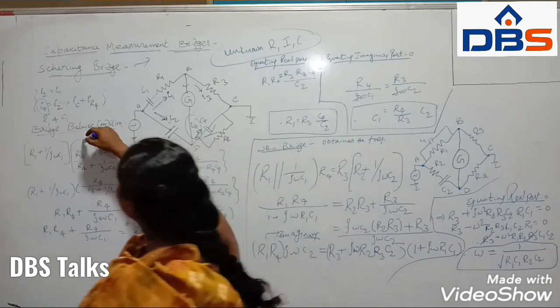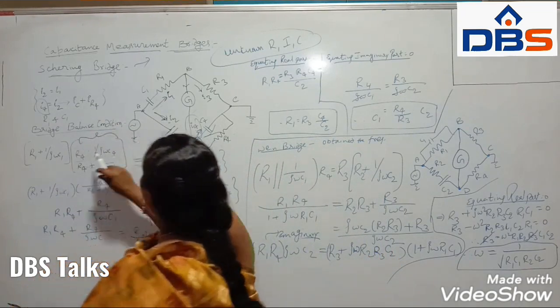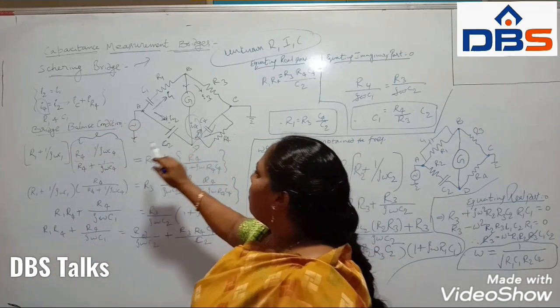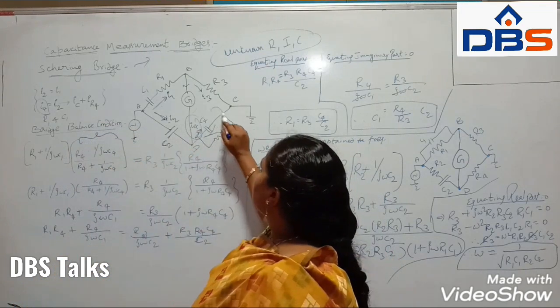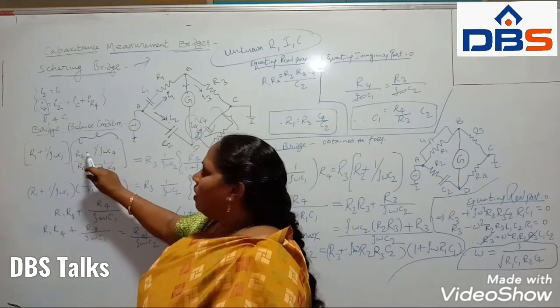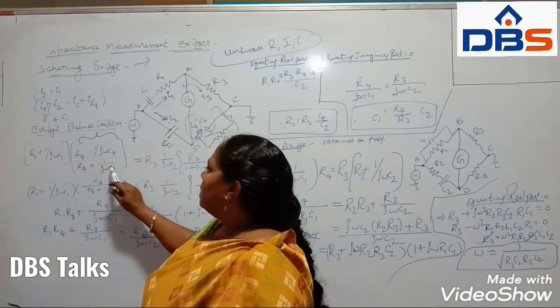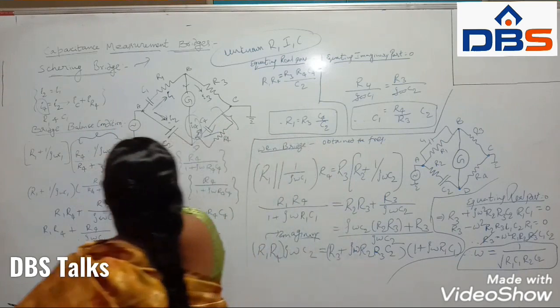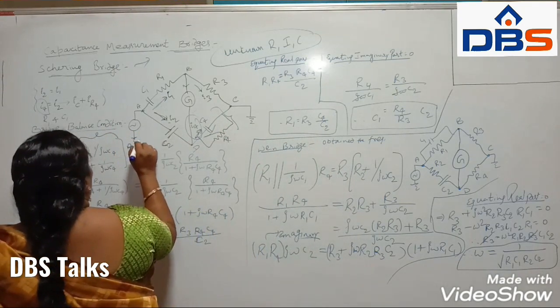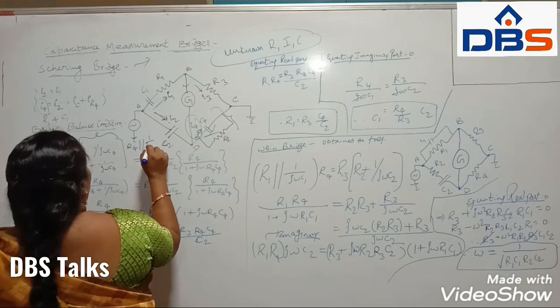So this is the parallel combination of R4 and 1 by j omega C4. This parallel I will directly take as R4 into 1 by j omega C4 by R4 plus 1 by j omega C4. Here I will write R4 parallel with 1 by j omega C4.